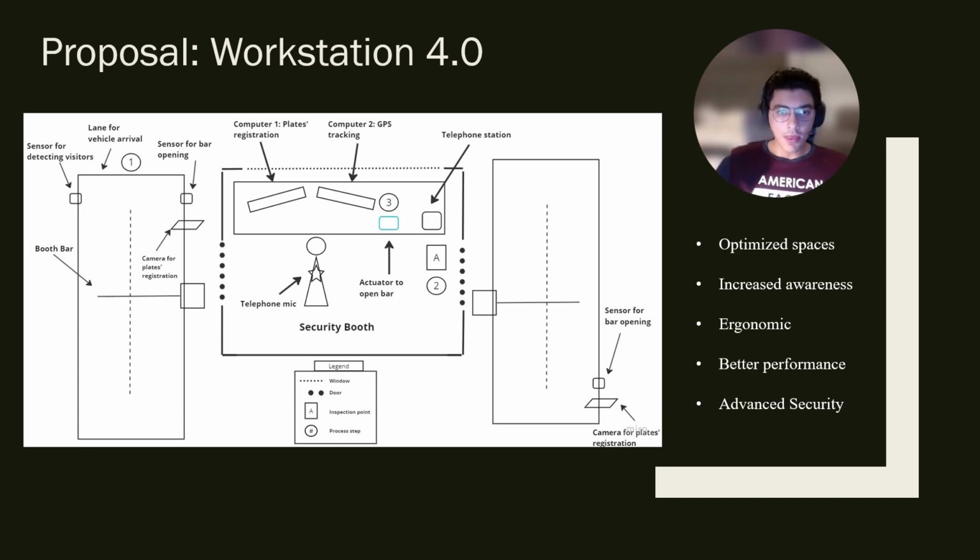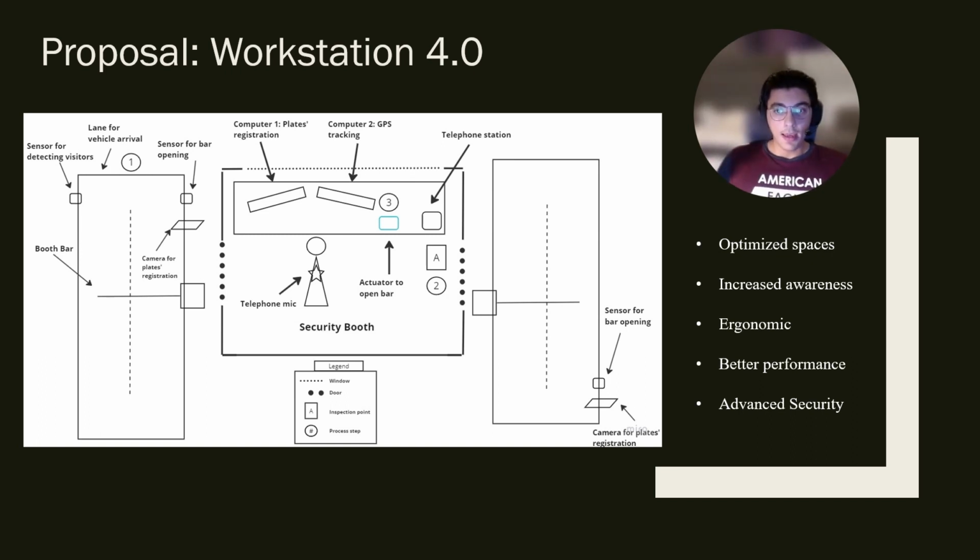So what are the advantages that we get? As we can see here, we have a flow diagram of these changes implemented into the security booth. So first of all, not only we have a more optimized space with all of the tools located in a place that's more strategic, and this will help actually reduce times and be a more ergonomic environment for the worker to be at. Also, it will increase awareness as a sensor will make, as mentioned before, response time quicker because imagine sometimes cars enter the neighborhood and the guard doesn't realize when they're there.